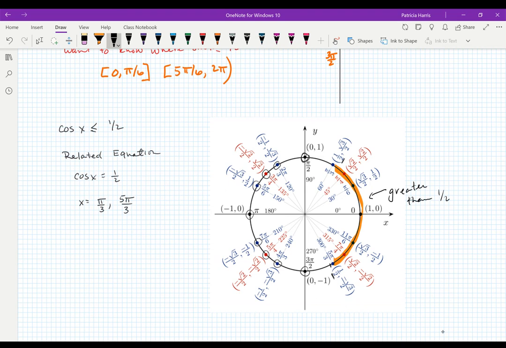So it looks like I'm less than or equal to from pi over 3 to 5 pi over 3. And there we go. That's another way you can solve it by hand. Now, if it gets a little bit more complicated, then I would definitely go to Desmos. Hopefully that was helpful to you.